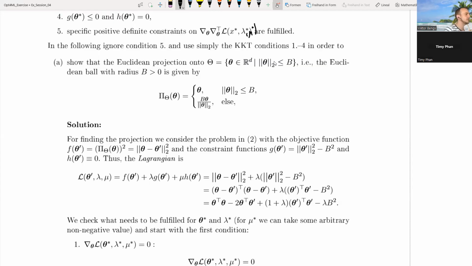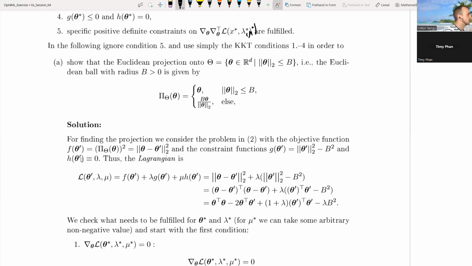Namely, if we look at the following constraint function where we map a vector theta prime to its squared Euclidean norm and subtract from that b squared, then if this is smaller than 0, this is telling us that theta prime is in fact inside the Euclidean ball of radius b, because only then the condition will be fulfilled.